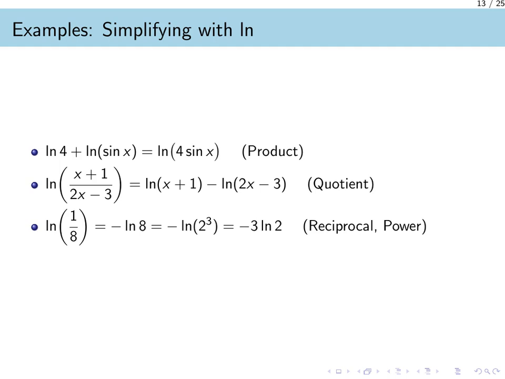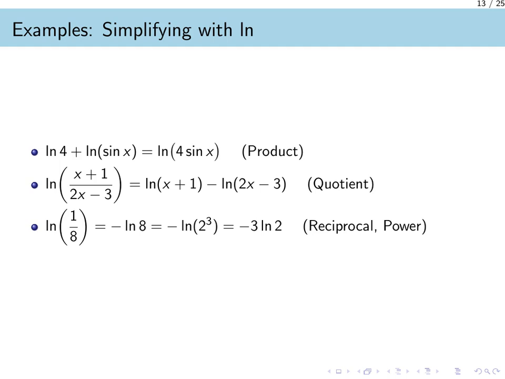This becomes the natural log of the quantity x plus 1 minus the natural log of the quantity 2x minus 3. Finally, we can simplify the natural log of 1/8 in 2 steps. The reciprocal rule turns it into the negative natural log of 8, and since 8 is 2 cubed, we can then apply the power rule to bring the exponent down, giving us negative 3 times the natural log of 2. The key is to recognize patterns like sums, differences, or powers, so you can apply the right rule to expand or condense an expression.